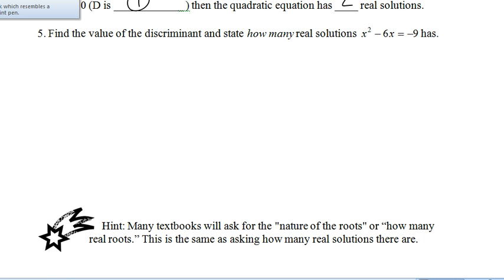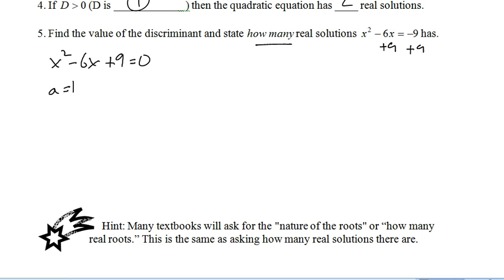Okay, so this one, notice they don't ask us to solve it. They just want to know how many real solutions there are. I can't get big D yet because I don't have everything on one side, so let's just add 9 to both sides. And I get x squared minus 6x plus 9 equals 0. So a is going to be 1, b is going to be negative 6, and c is 9.